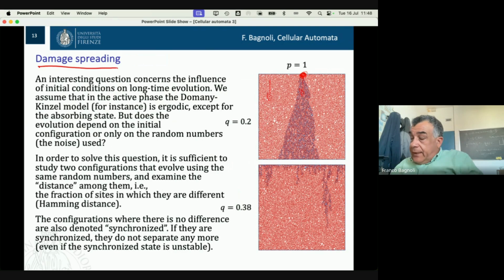And if you do this and you observe what happens to a small disturbance or to a whole line of disturbance, you can find that in some region the defect is absorbed in a few steps. In other regions, or for other values of parameters, the defect can spread.